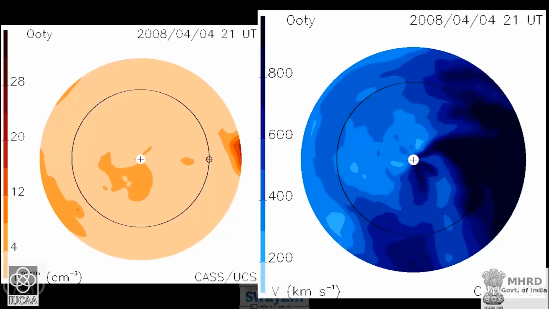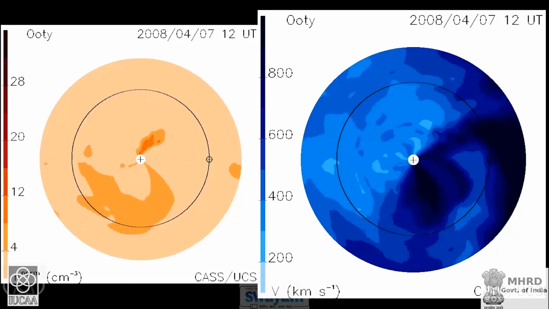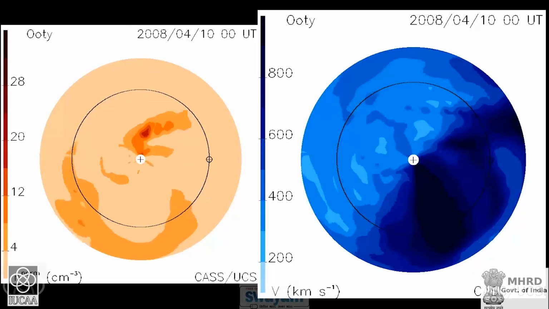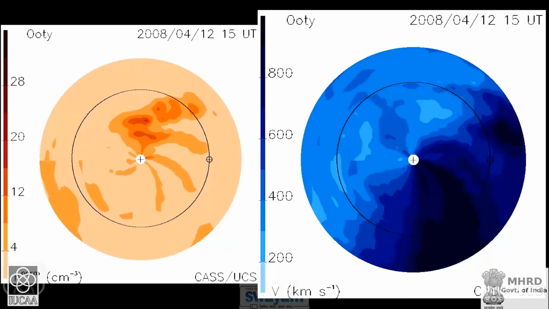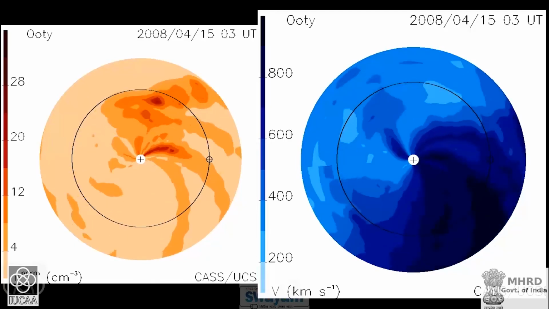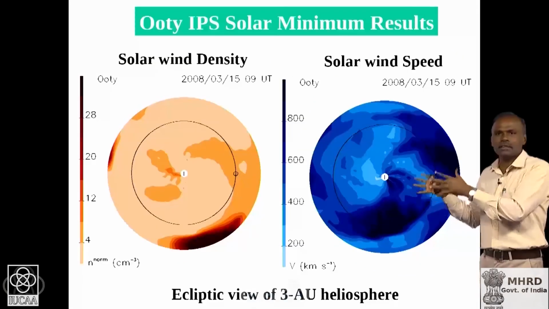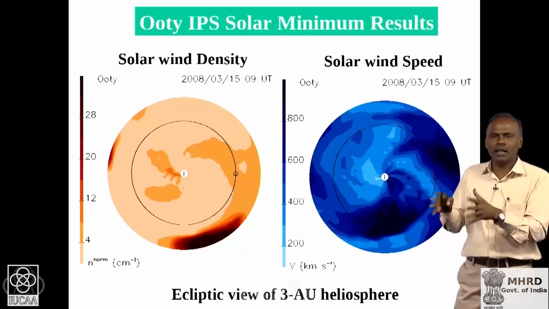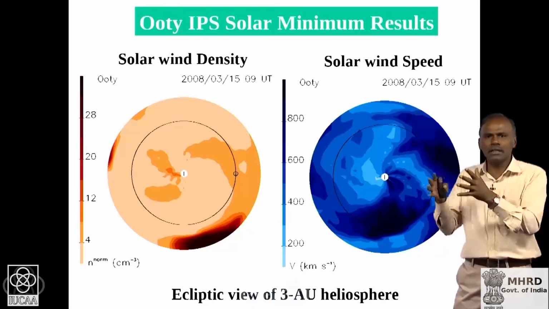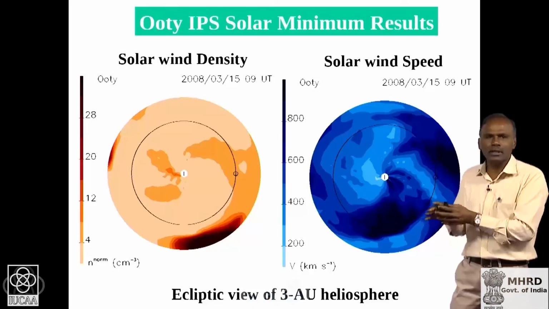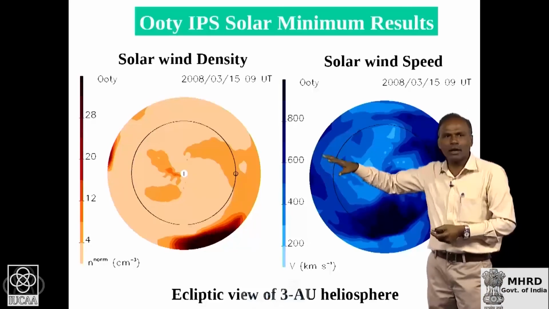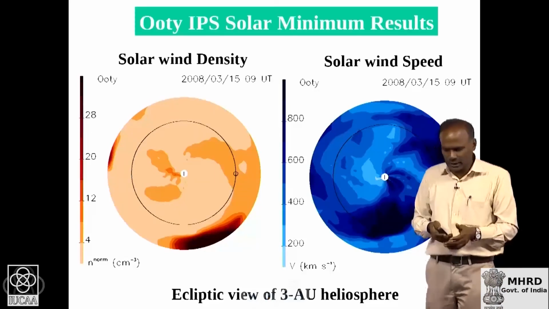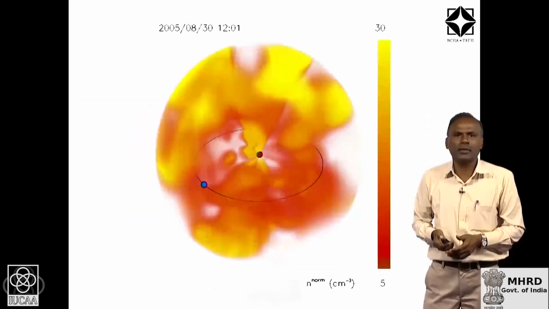The concentrated density gives the idea about the moving coronal mass ejection. Similarly, in velocity, the intense dark region indicates the high speed wind, and the light region indicates the low speed wind. So we could see how the velocity is varying in three-dimensional space.